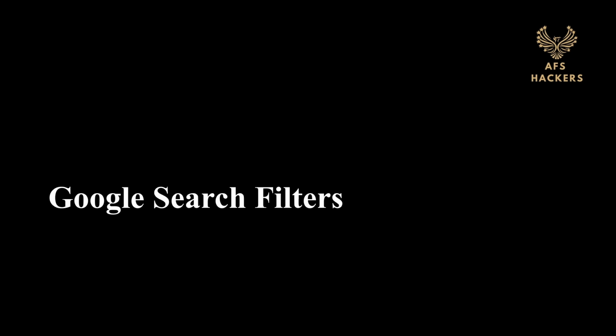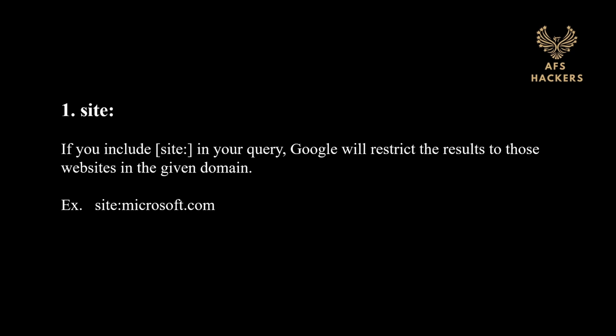Let's see Google search filters. The first filter is site. If you include site in your query, Google will restrict the results to those websites in the given domain. For example, if you are using Microsoft.com as a domain filter, Google will display all the domains related to the Microsoft organization.